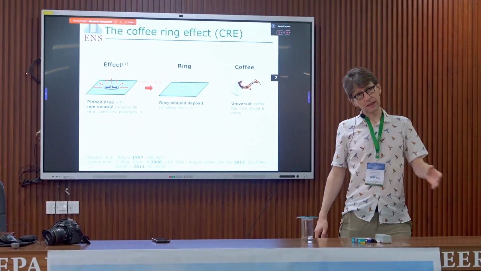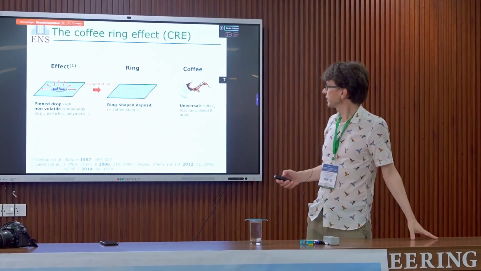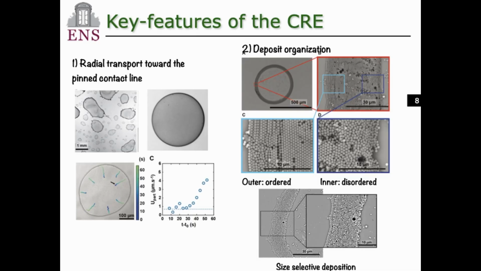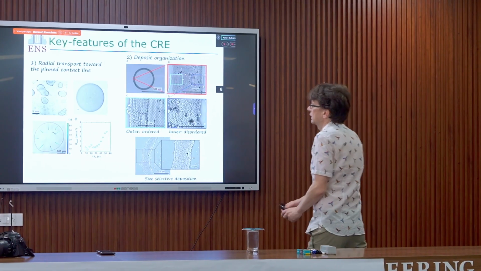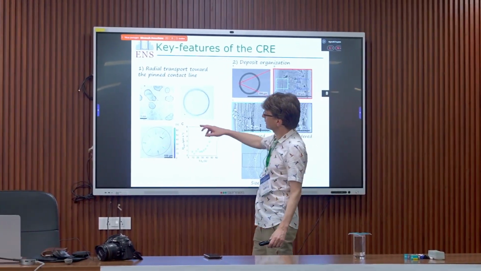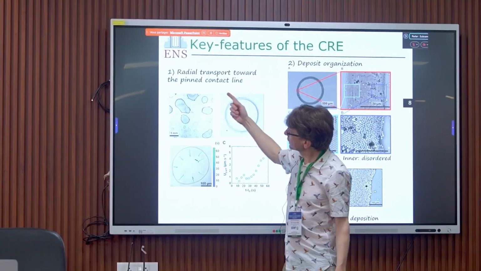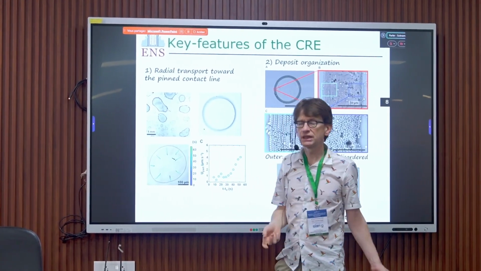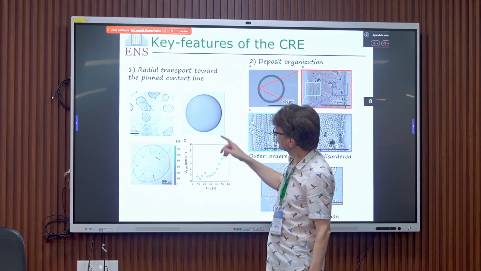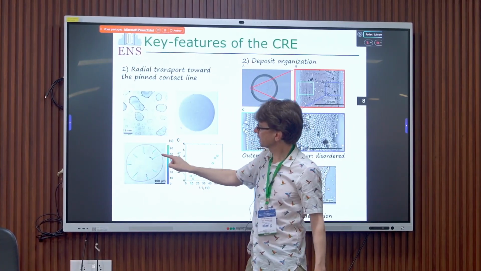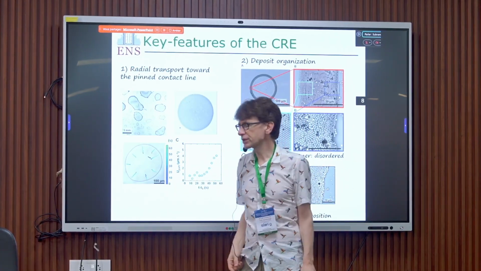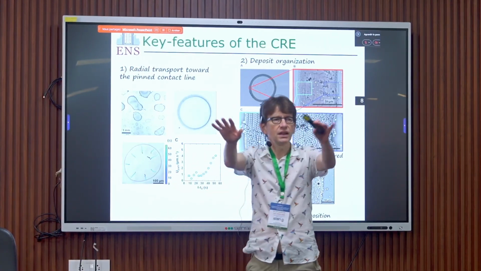So I will not do a class on all the properties of the coffee ring effect, but there are some key features. The first one is, you see this beautiful stain, right? The droplets were not so spherical, but things accumulated at the edge. And if you track particles, in some experiments we did, you can see the radial transport.